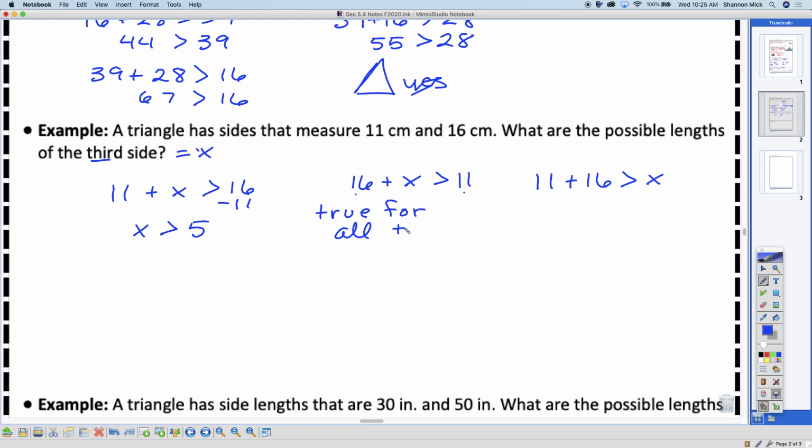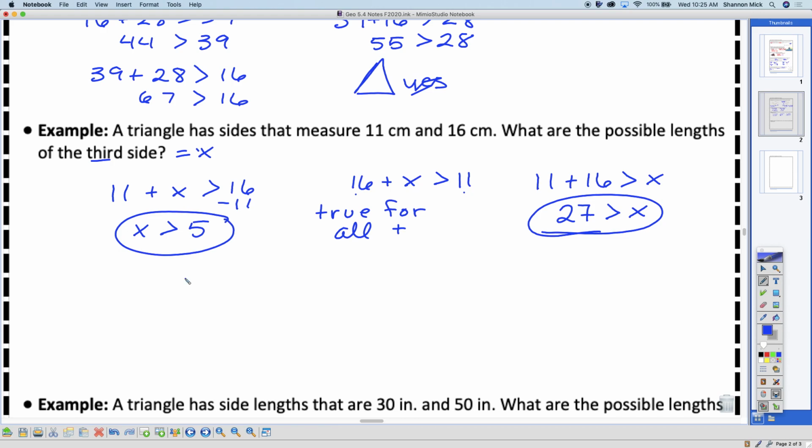Now I come over here. So 11 plus 16 is 27. So that means that 27 is bigger than x? Yeah? So we have that x is smaller than 27. But x is bigger than what? 5. So we're going to write that as a compound inequality.